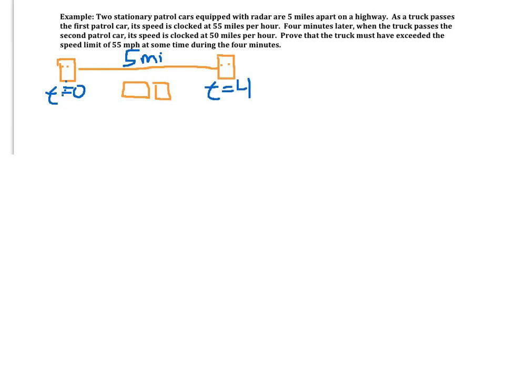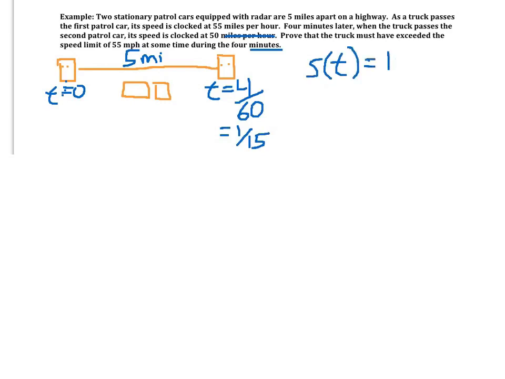Now, because this was in minutes, but our speeds were in miles per hour, we're going to change this into hours. So it's really got to be 4 over 60, which is 1/15 of an hour. Now we're going to let the truck's position be this function s of t.